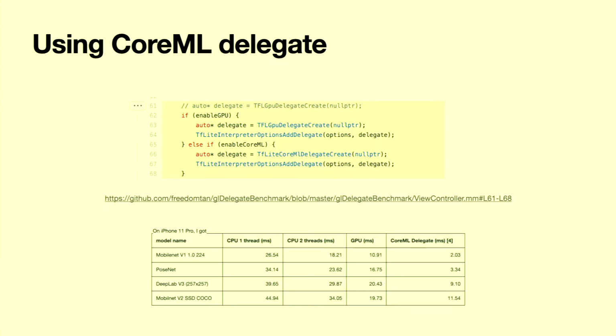Another interesting delegate is the Core ML delegate. Before the Core ML delegate was introduced this year, you could only use the CPU and the GPU with TFLite on iOS devices, which means you could not use the most powerful neural network accelerator.